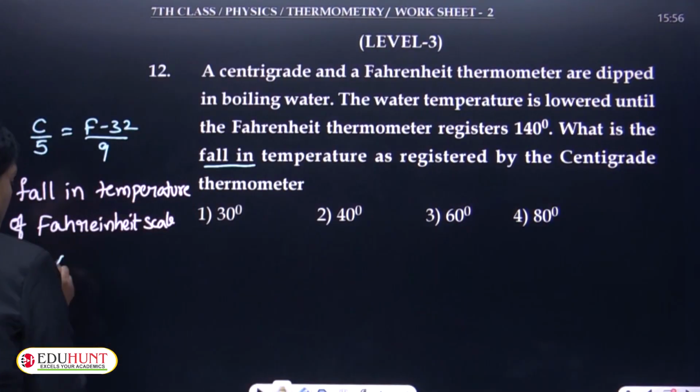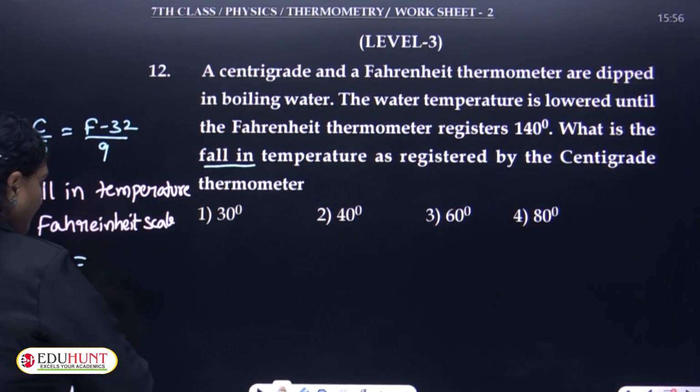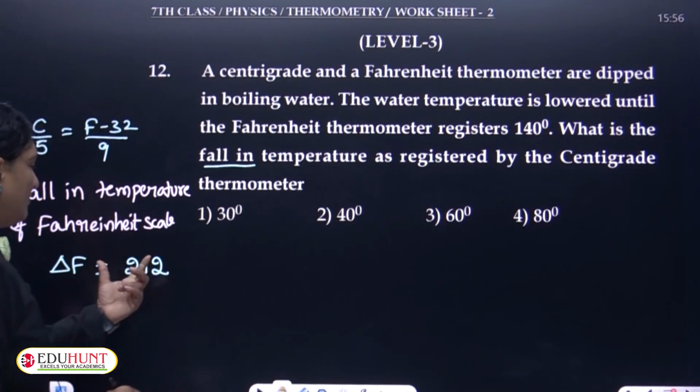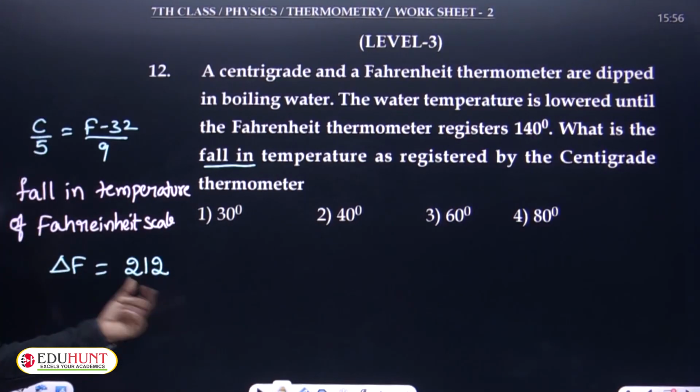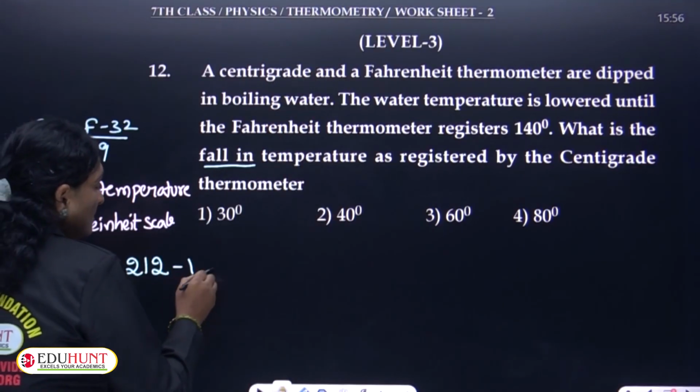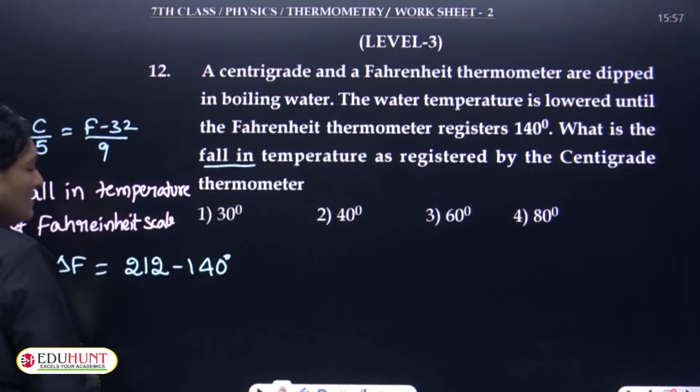Listen properly, children, this is a little different condition. So delta F must be equal to, originally at the boiling point, the Fahrenheit scale must show 212 degrees F. And how much has it fallen? It reduced by 140 degrees. So what is the difference you found?